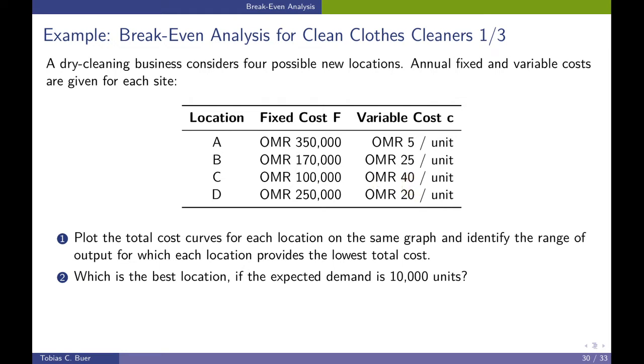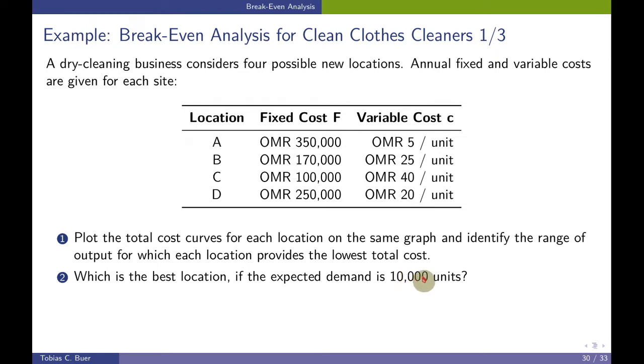Now our task is to plot the cost curves of all 4 locations. So we will have 4 cost curves which are straight lines, and then we should identify which is the best location if we expect to sell 10,000 units.